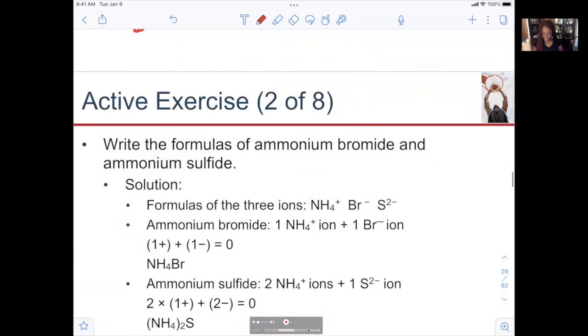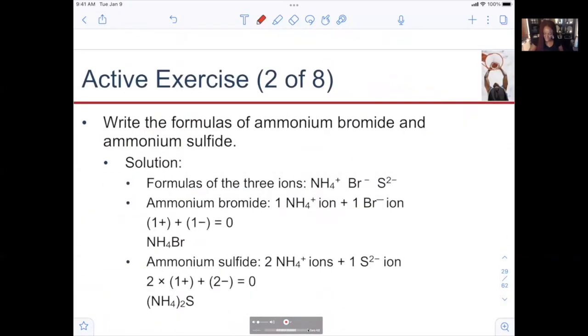Okay. And then we have an additional exercise here where they want us to write the formula for these. So it's essentially NH4 plus combining with Br minus. The charges are the same, but opposite signs. Just consolidate them, NH4Br, one of each, right?